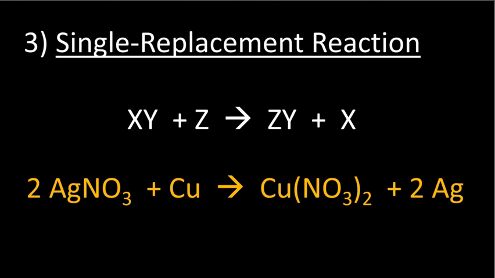Okay, you literally are just switching a single thing in the combination of how things go together. It's like they trade partners. Okay, silver and NO3 broke up and NO3 decided to go out with copper, if that'll help you remember. Okay? So that is a single replacement reaction. One thing is changed. Otherwise, the reaction stays the same.